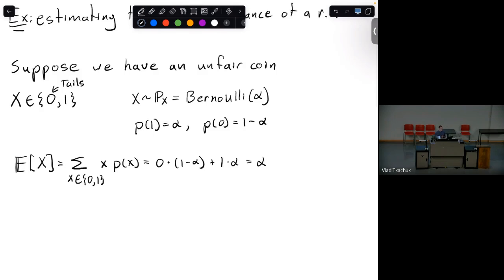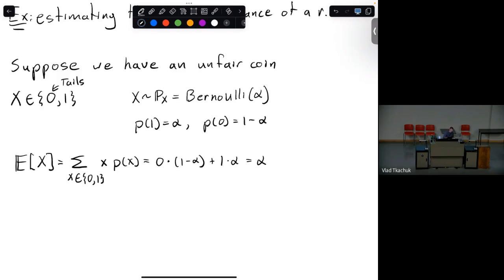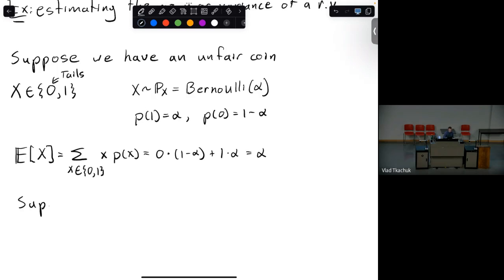But do you really ever know this expected value? You have this coin. Maybe someone might tell you the expected value, but here's the interesting thing: suppose you don't know this expected value.